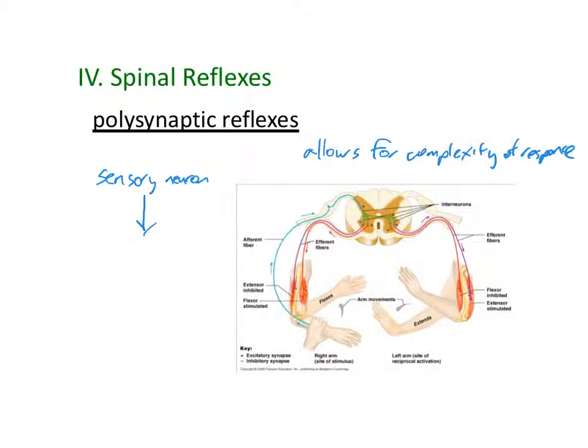You then have one or more interneurons that then synapse with a motor neuron. So it's polysynaptic because there's more than one synapse, the minimum number being 2. And we will talk through the example that's illustrated over here in a second.